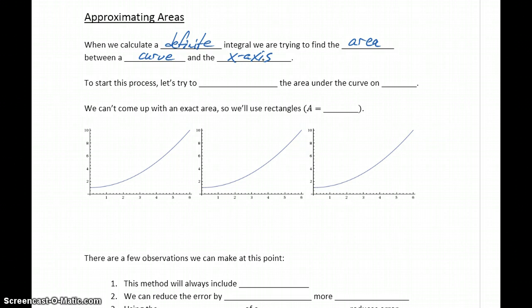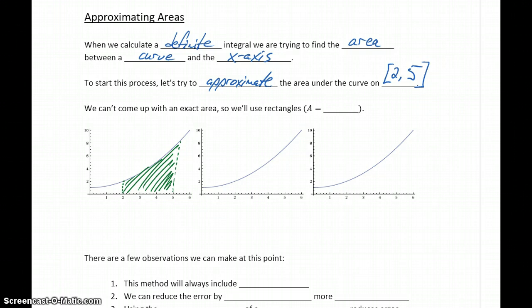Before we get into figuring out how we do this exactly, let's take a look at how we could try to approximate some of these results. In particular on the curve below, over the interval from 2 to 5. So essentially what we want to find here is the area under the curve between x equals 2 and x equals 5. So we want to find the area of this shaded region.